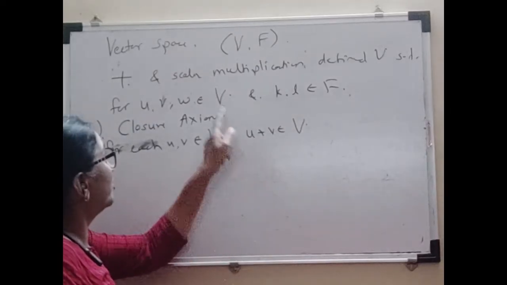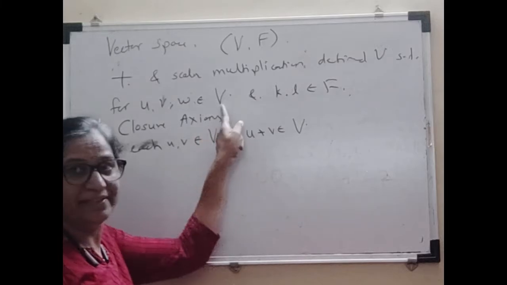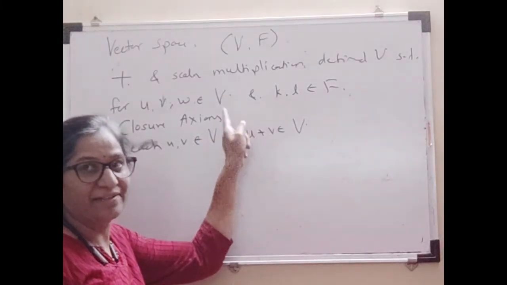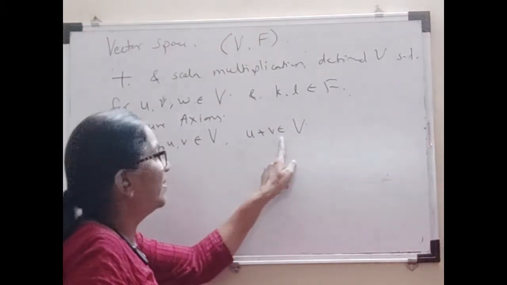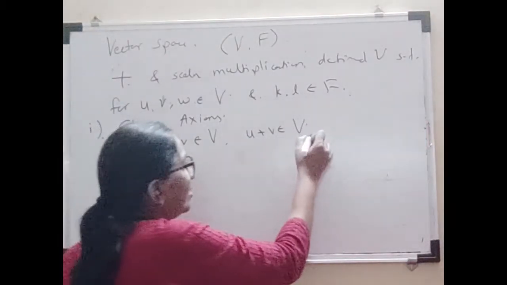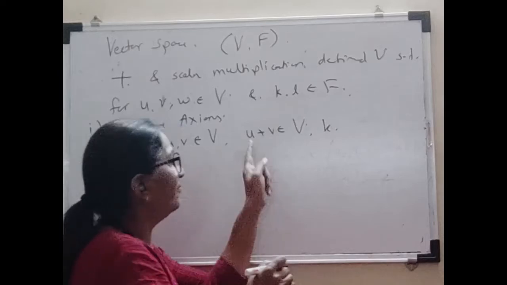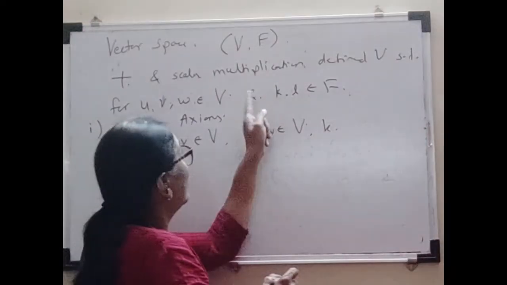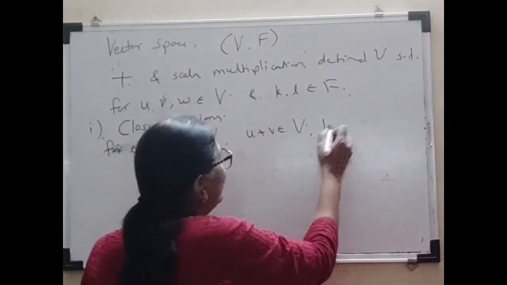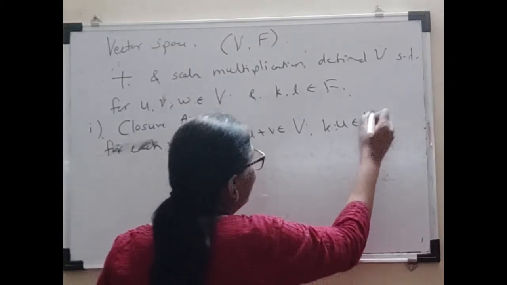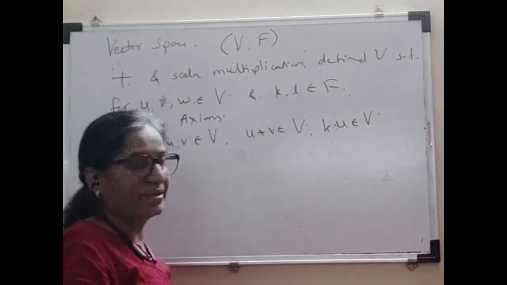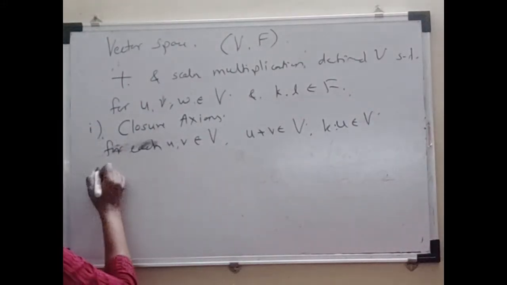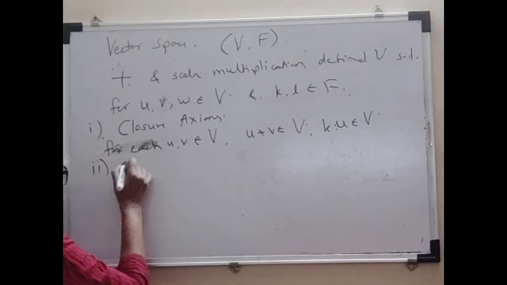It is the operation defined on V, the addition defined on the vectors of V. And for scalar multiplication, that is multiplying a vector of V by a scalar belonging to F, k into u must belong to V. So that should be a member of V. It's nothing but the closure axiom. Next one, the addition axiom.